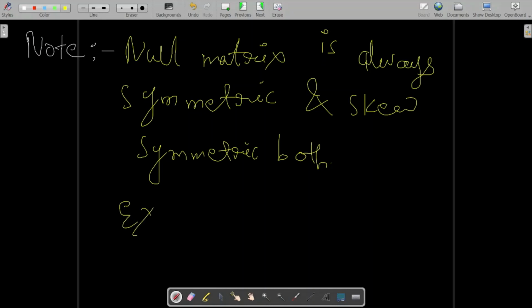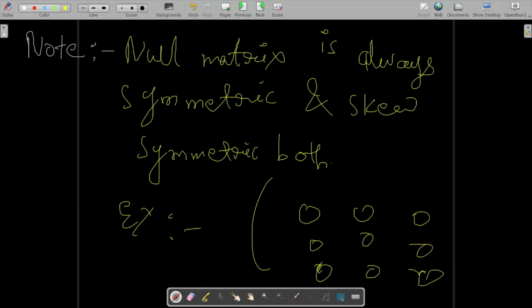Now the example is over here. For example, this null matrix, let me write a lot of zeros. Clearly, this is both symmetric and skew symmetric.